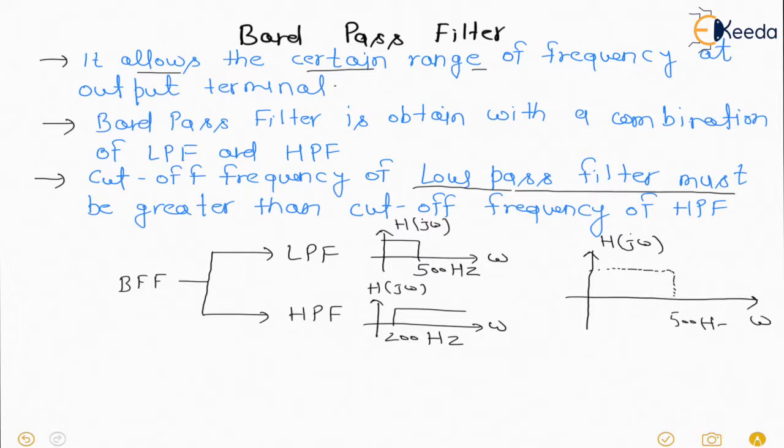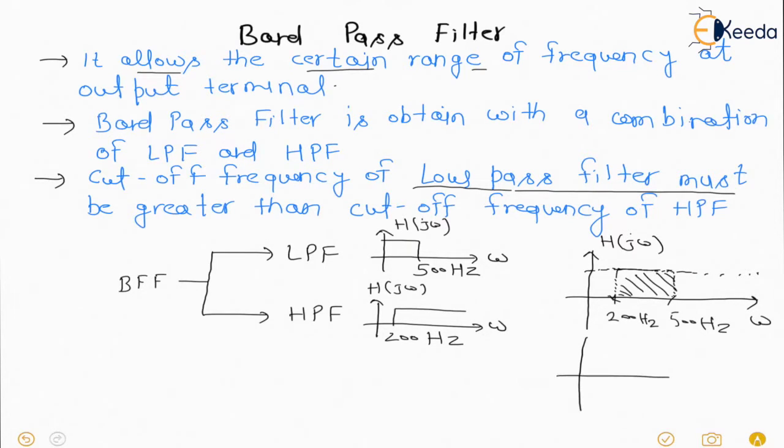This is 500 Hz and we are having high pass filter with frequency of 200 Hz, and we will draw like this. So what we are getting is the overlapping area. The overlapping area represents that in this particular range of frequency we will get the output signal.